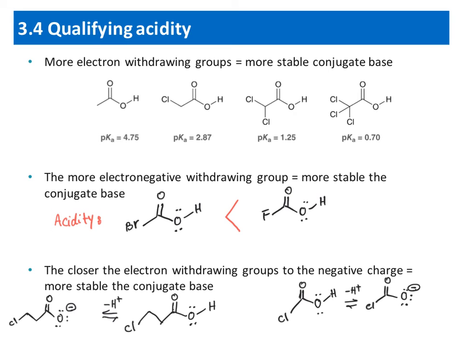As you can see, in this molecule chlorine is closer to the negative charge compared to this chlorine, meaning that this conjugate base is more stable than the other one. So this molecule is more acidic than the other one.